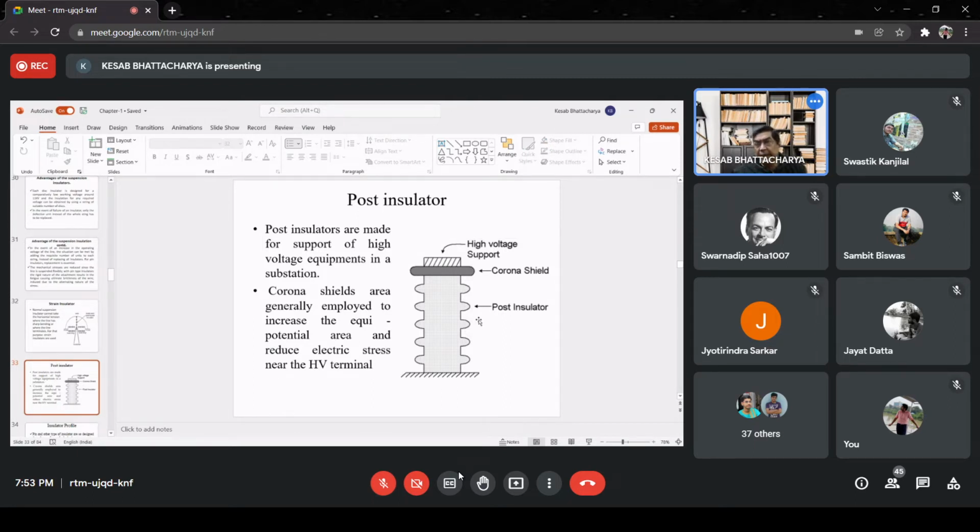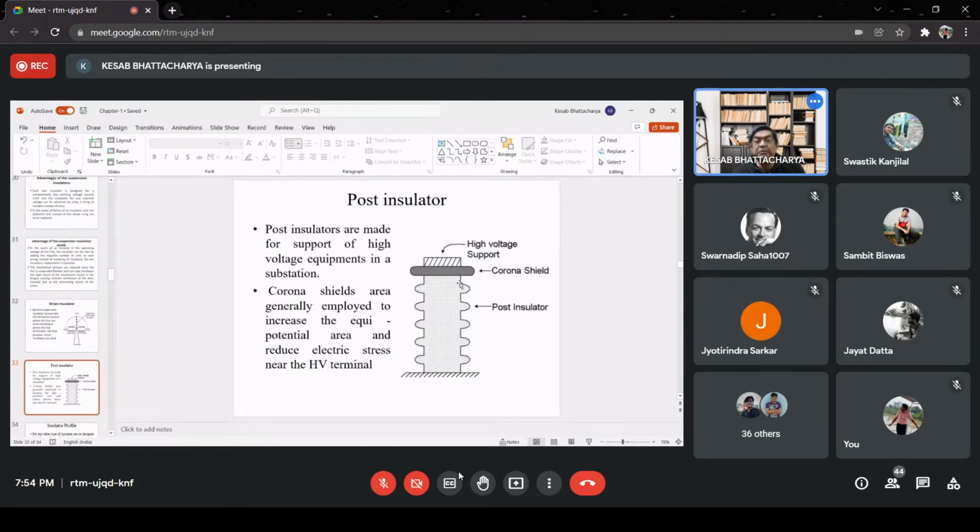Depending upon the operating voltage of the high voltage electrode, a suitable clearance from the ground has to be maintained. We cannot simply put the high voltage electrode on the ground or even very near to the ground. If the high voltage electrodes are placed very close to the ground, then there may be a flashover between the high voltage electrode and ground. That is why, in order to hold the high voltage electrodes, these post type insulators are used.